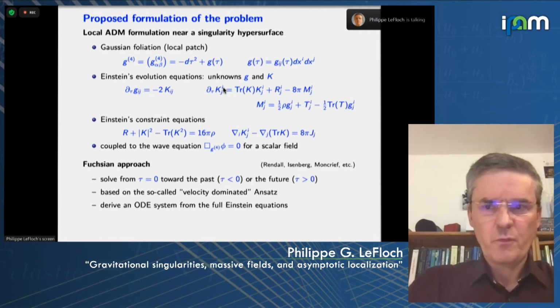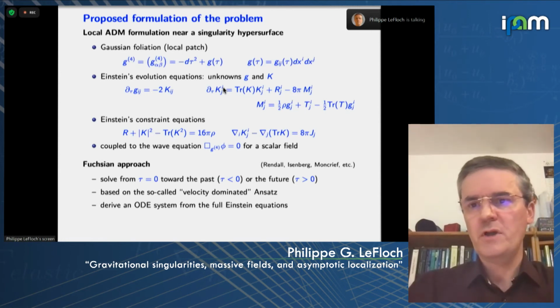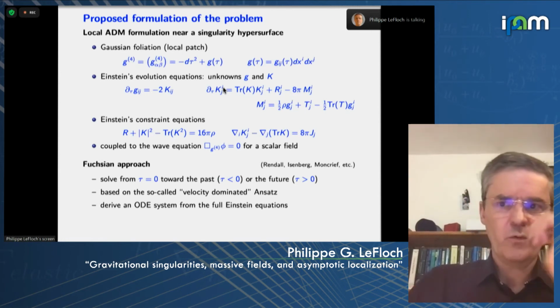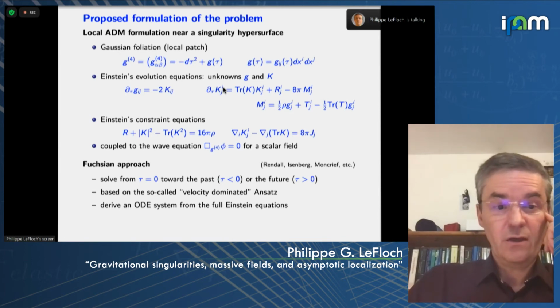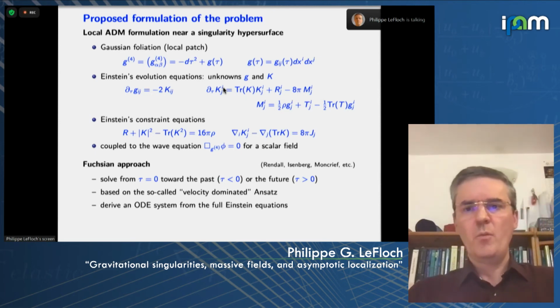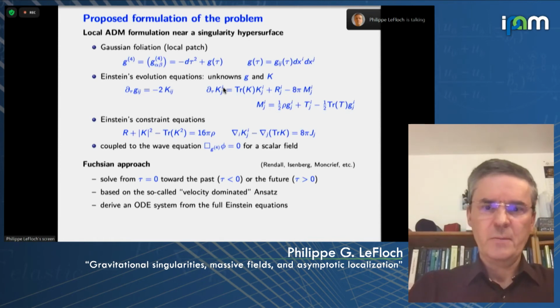So when you want to analyze the behavior of your metric and fluid variables near a singularity, you do what I mentioned before. You use BKL, also called a Fuchsian approach, where you expect that phenomena will be basically determined by ODEs in a time variable.